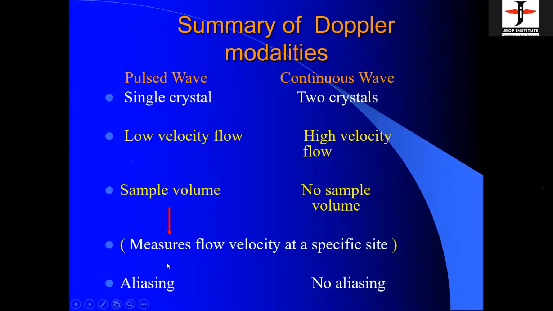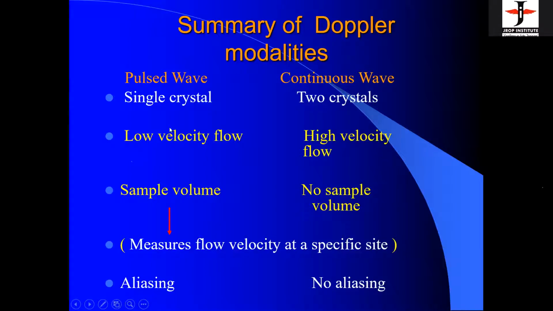And there is something known as a Nyquist limit. A Nyquist limit is the maximum detectable velocity which can be seen by a pulse Doppler, and beyond that, aliasing occurs. I'll show you the aliasing. And here, because it records high velocity flows, there is no sample volume, and it is continuous.